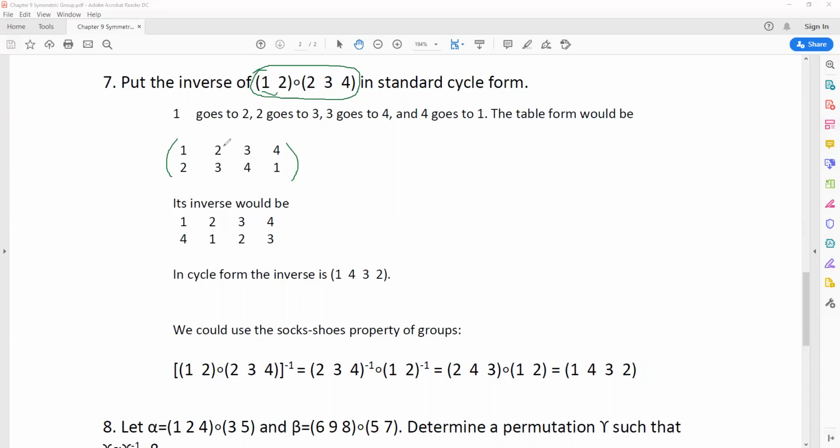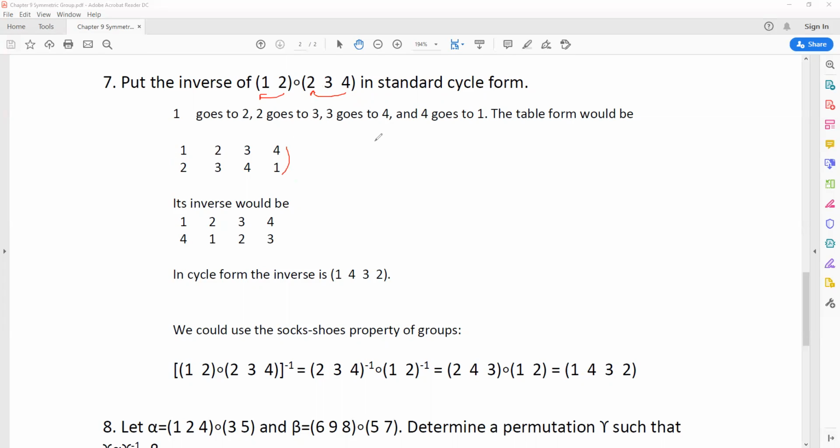If we want to follow 2, we'll start on the right side, and we see that 2 maps to 3. We also see that 3 maps to 4, but then 4 maps to 2, but 2 maps to 1, which means 4 would map to 1.